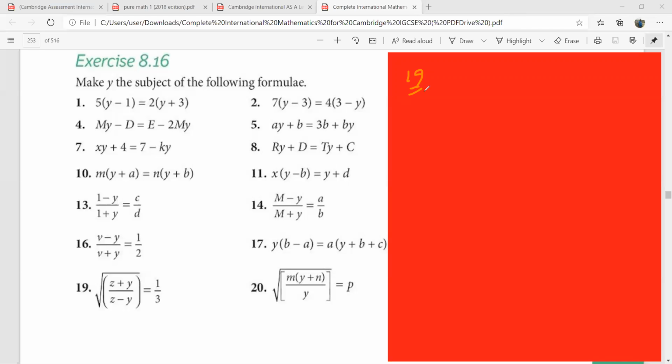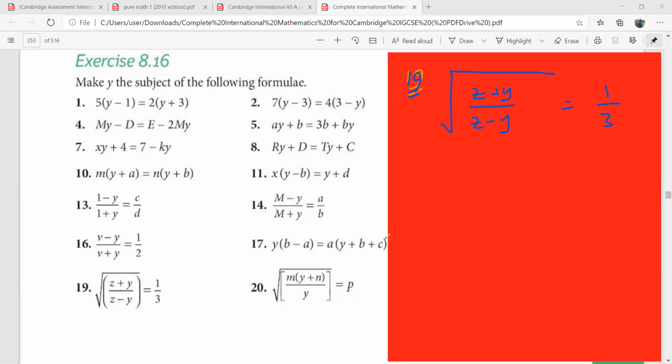The 19th question. Okay. So I have the square root of this z plus y over z minus y, that is equal to 1 over 3. Now this y is a part of this fraction, both in the numerator and the denominator. Then there is a square root as well.